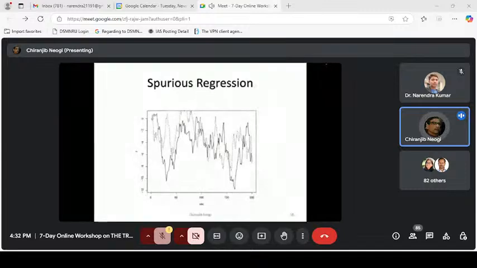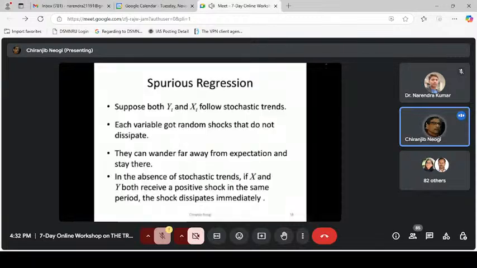We can get some values of beta and alpha and all these things, but we cannot test the beta and alpha because it does not satisfy the classical regression moment conditions. So I cannot use those non-stationary series of the data of X, Y, and Z for usual regression analysis.